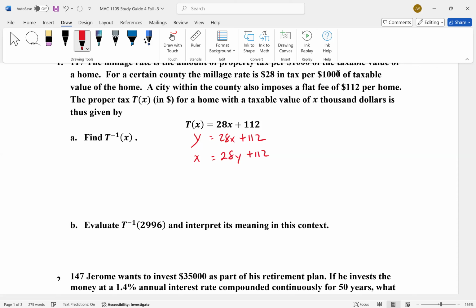Now we solve for Y. So X minus 112 equals 28Y. Y equals X over 28 minus 4. So T inverse of X is X divided by 28 minus 4.